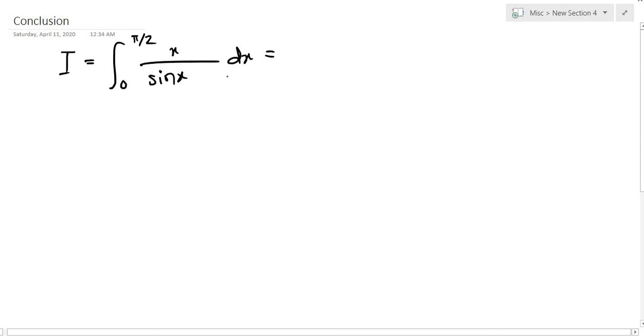We obtained two different things. We evaluated the first part directly by plugging in pi over 2 and 0. We converted the second part into an inverse hyperbolic tangent function. We used the Taylor series. We got two infinite series after plugging in the upper and lower bounds.